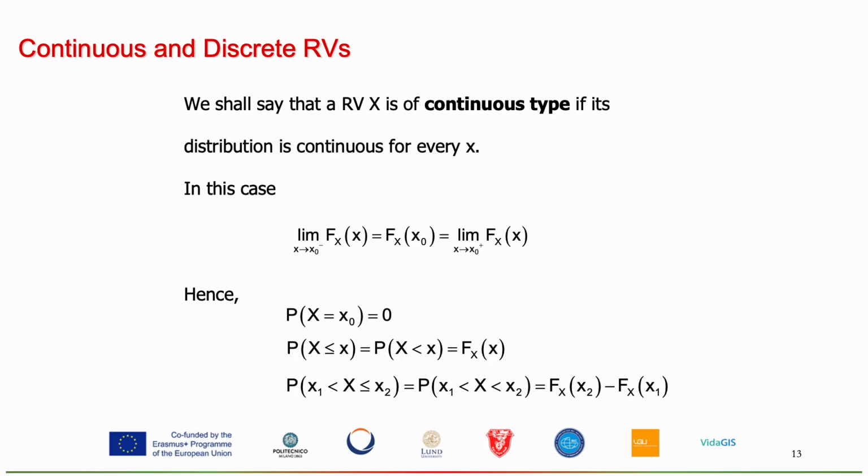In particular, in this case, the punctual probability that x assumes a given value is equal to 0, clearly. The probability that x is smaller than a given value is the probability that it is smaller or equal to that value and is exactly f of the given value. The probability that x is within the interval x1 and x2 is given by f of x2 minus f of x1.